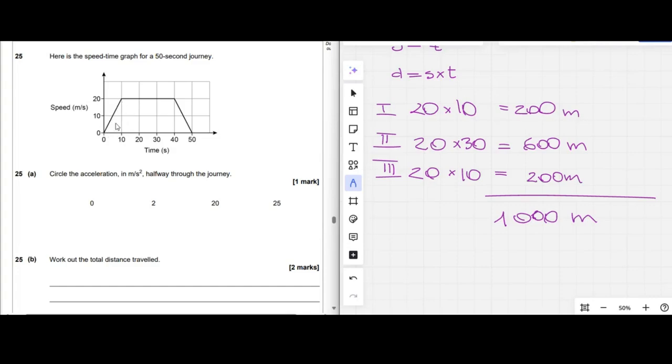So this part, we multiply 20 by 10, but there is a triangle, so we need a half from this. The area of that triangle is half of the area of the rectangle out there. And same with the last part. And the total is 800, which is the correct answer.